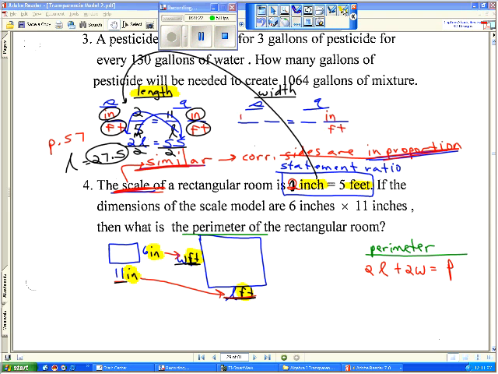If my question is inches to feet, my statement has to be inches to feet because a proportion has to be what? What's the definition? Two comparisons of the same two items have the same thing on top both times and the same thing on bottom both times. Definition of a proportion.